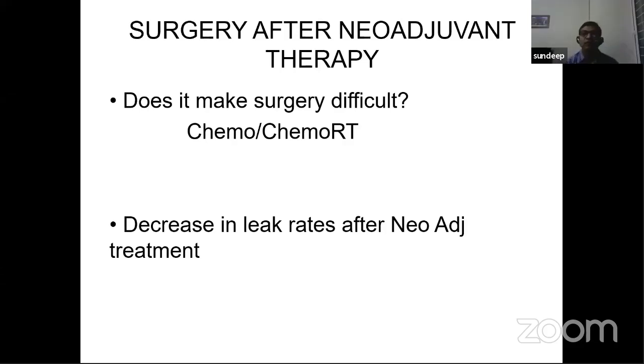Yes, we actually have 2 patients in our experience where neoadjuvant chemoradiation was given in some other hospital. One was in Delhi and another was in Ahmedabad. We didn't have any problem which we could figure out was because of the preoperative radiotherapy.